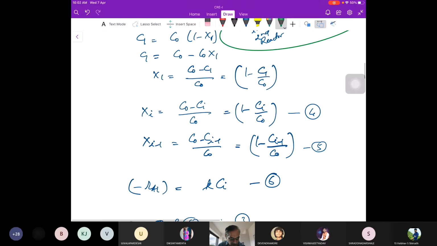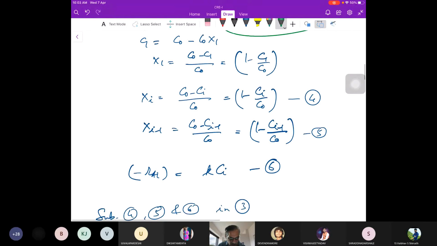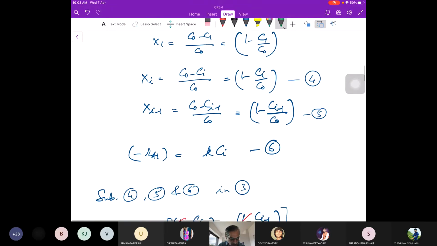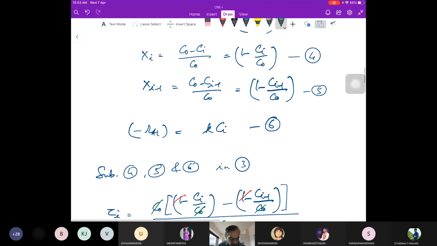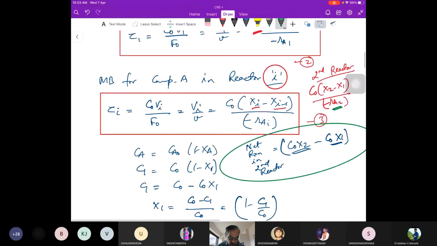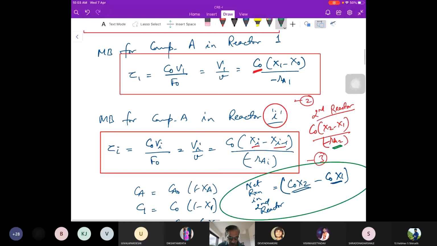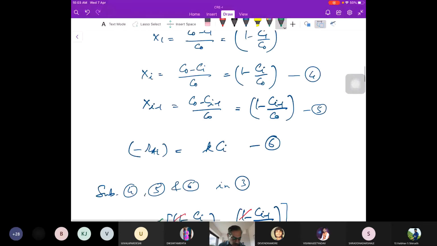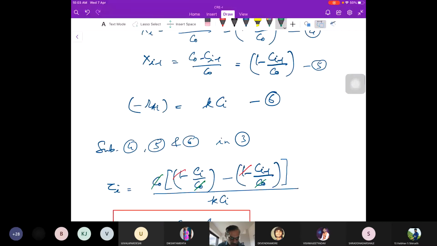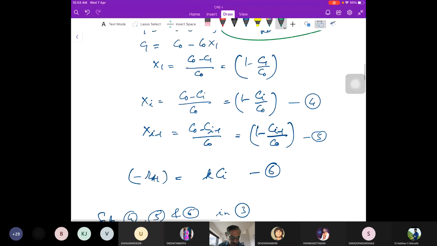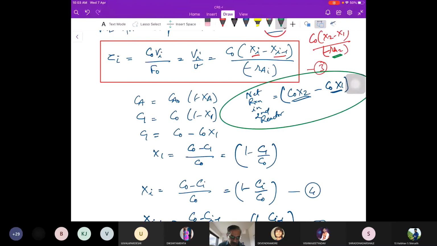Okay, so then rate of reaction for the ith reactor is nothing but K into Ca, because we are taking a first order reaction. Now we substitute all these values 4, 5, 6 in equation 3. Equation 3 is this one. So xi निकाला, xi minus 1 निकाला, Ra1, Rai निकाला. We're going to substitute in this equation, and what we'll get is tau i is equal to C naught, यहाँ पर ब्रैकेट में xi minus 1.